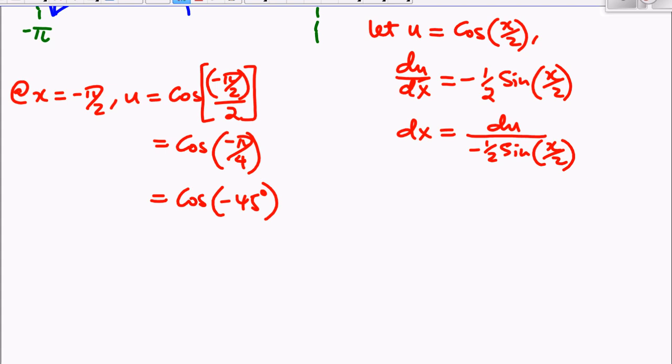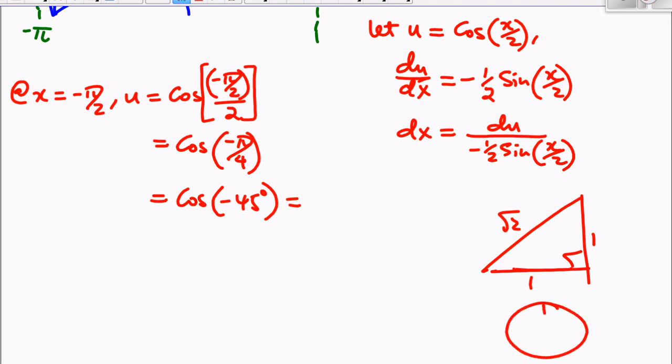Now, we know from this little right angle triangle that in the third quadrant, cosine is positive. So what we'll end up with here is 1 over root 2.